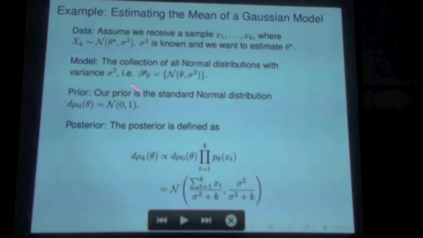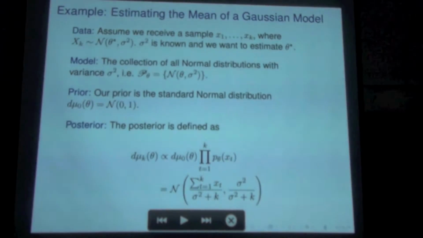What is the prior? Let's assume, for example, our prior is the standard normal distribution, so our beliefs about the parameters are just a Gaussian with mean 0 and standard deviation 1, for example. And you can do the computation, and then the posterior, the beliefs at time k, is just going to be the density of the Gaussian prior times the product of these likelihoods, and these likelihoods are also Gaussian.